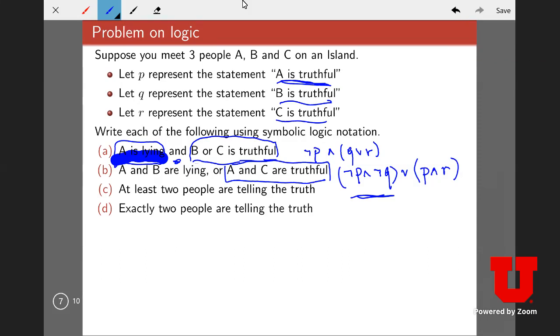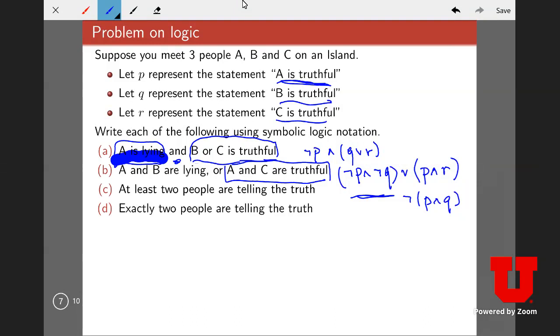The way I understand it, the not with P and Q in parentheses would mean P and Q are both truthful, and the not is saying any possibility other than that. So one could be truthful or one could not, but you want specifically both of them to be lying, so you need to negate both.